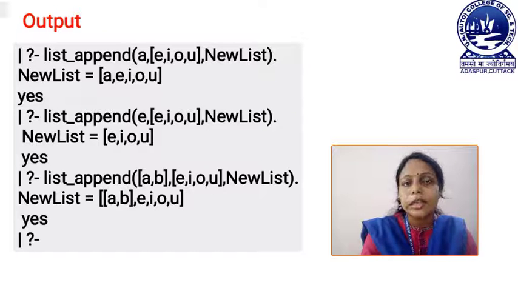Here E is already present in our list. That means the resultant new list equals our original list which contains the elements E, I, O, U.